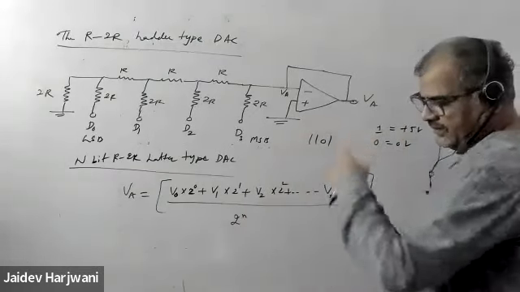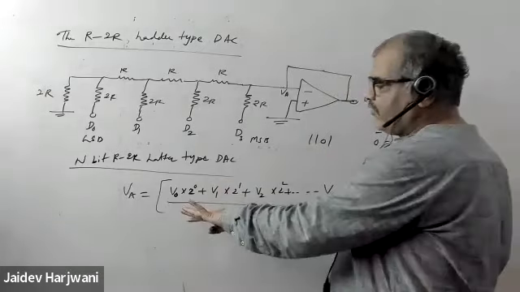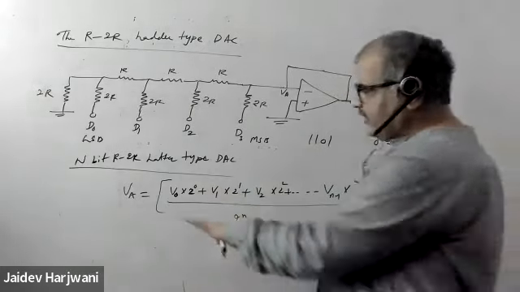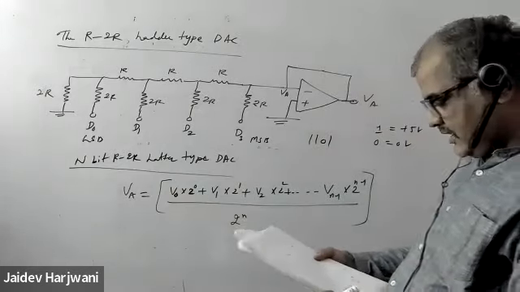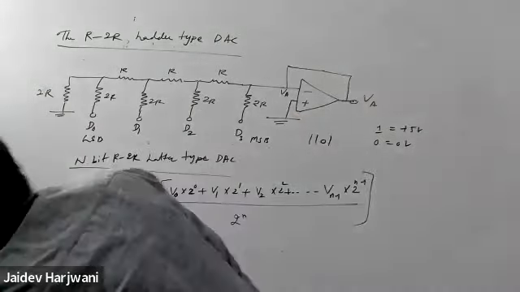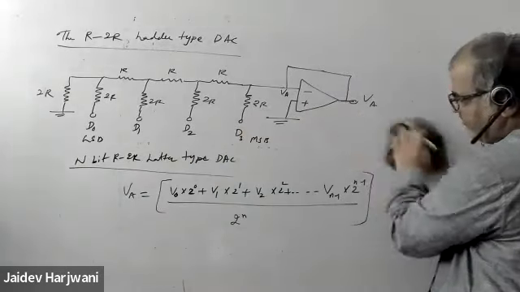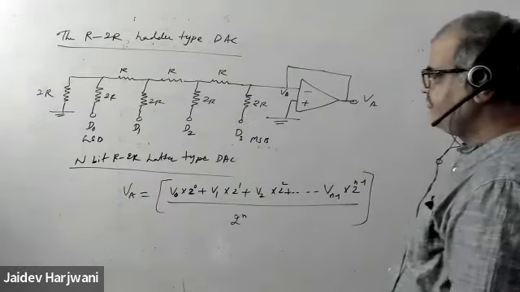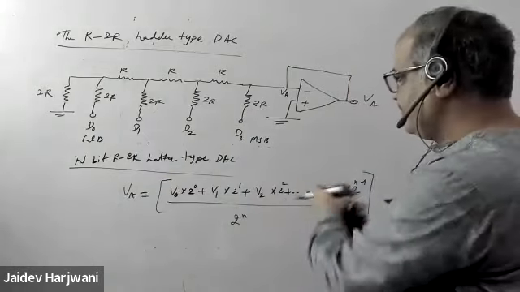In this way, for any given input, you can calculate the equivalent value of your analog output. So let me solve a problem. Note down this formula first, and we will derive it later. First we'll understand how to use this formula, and then we'll derive it.